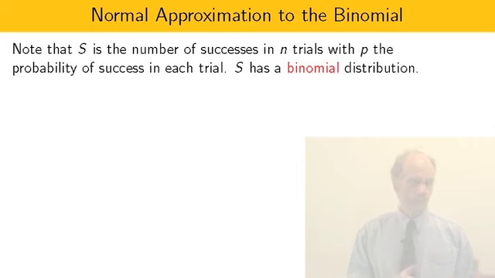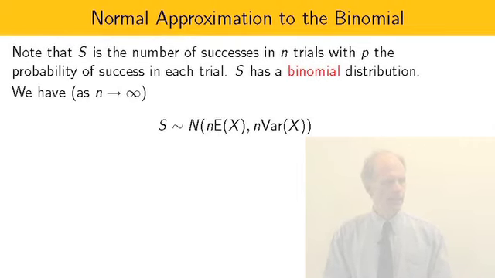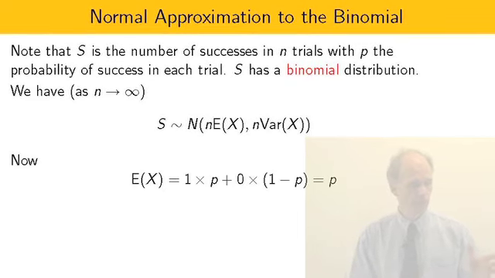Okay, so by the central limit theorem, we're saying that S is normally distributed with mean n times the expected value of x, and variance of S is n times the variance of x. For these very simple Bernoulli trials, we can compute the expected value of x, which is 1 times the probability x is 1, which is p. So 1 times p plus 0 times 1 minus p gives us the value p.